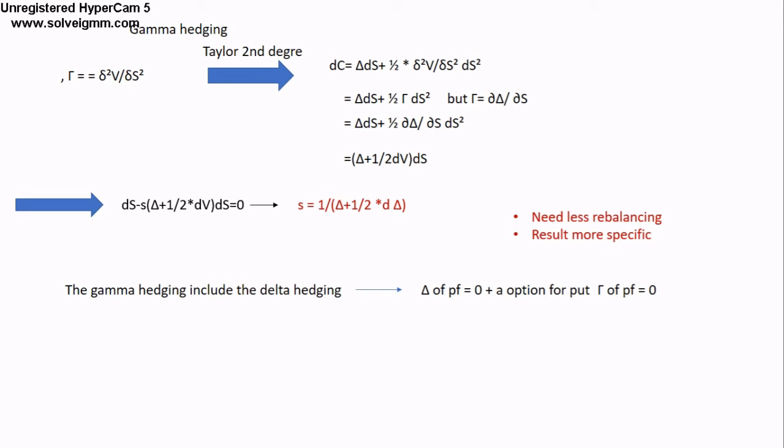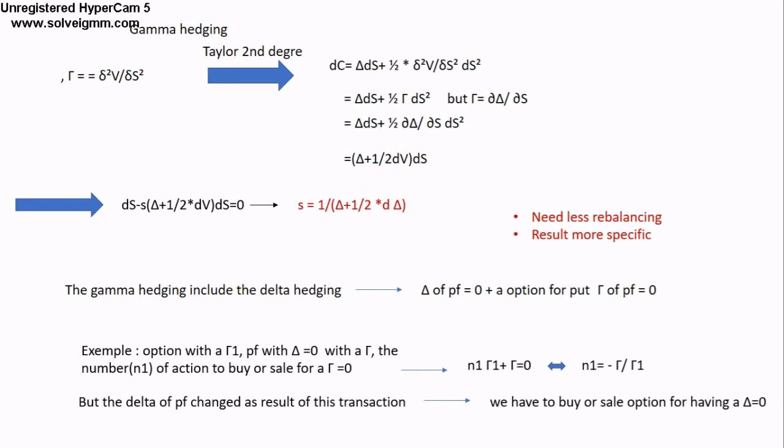So the gamma hedging includes the delta hedging: delta of the portfolio equal to 0, and an option to put delta of this portfolio equal to 0. If this is not clear for you, I make an example for you. Imagine we have an option with gamma 1, a portfolio with a delta equal to 0 with the gamma.